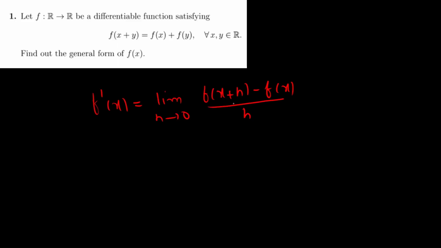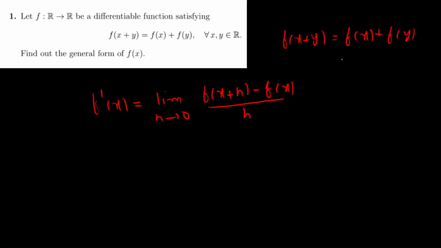If I want to solve it using the first principle of derivative, let me write it first. Now let me think how to use this functional equation to evaluate this limit. We are given f of x plus y equal to f of x plus f of y, right?